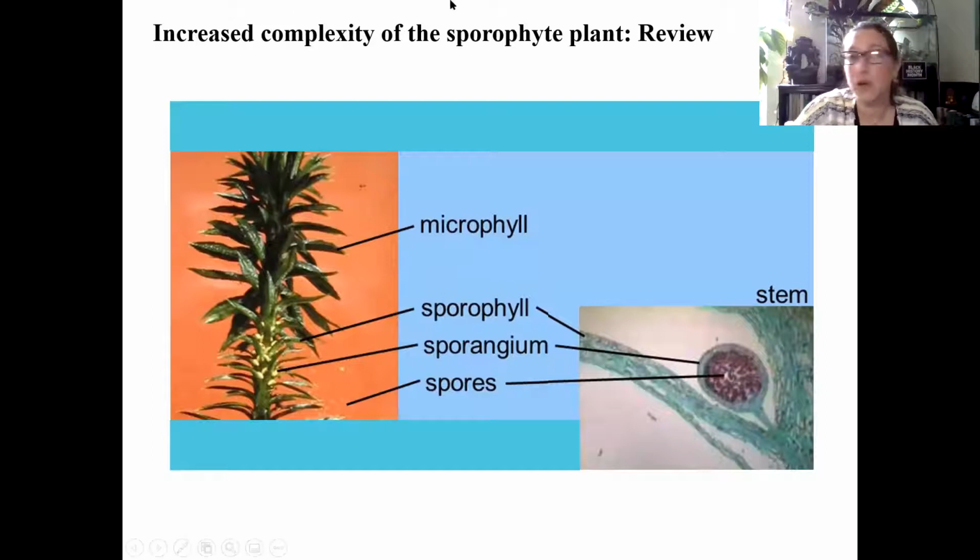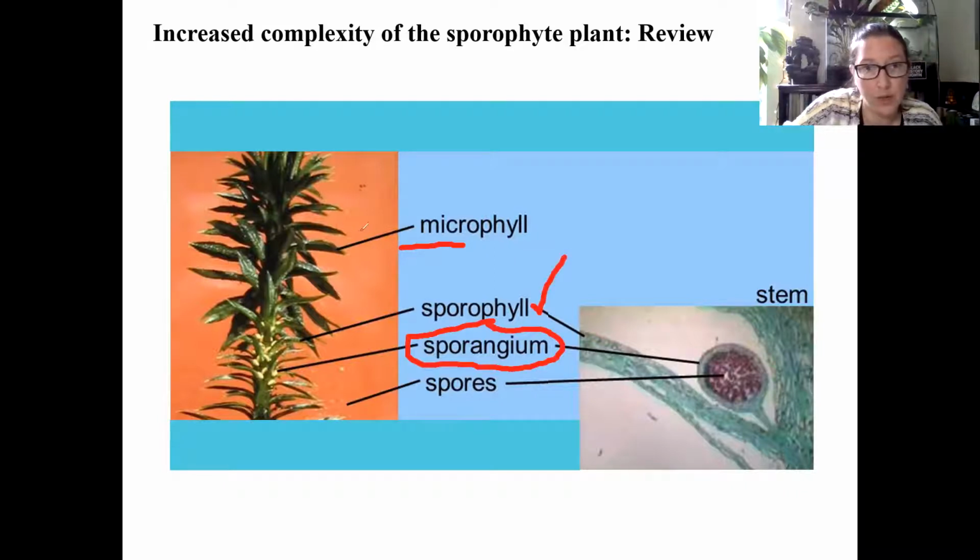And now we don't have that anymore. Instead, now we have leaves. We have actual leaves now, and they're called microphylls. And some of those leaves have sporangia on them, or a single sporangium, plural sporangia, right? And if you're a microphyll and you have a sporangia on you, we can call you a sporophyll.